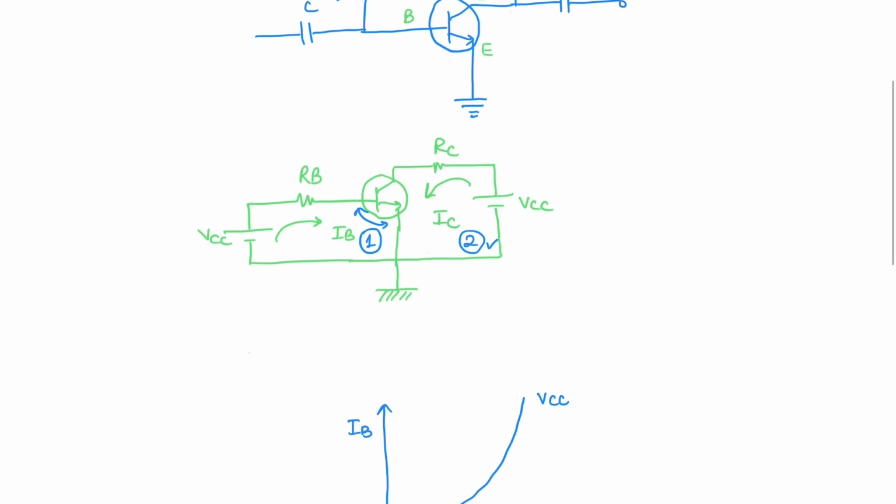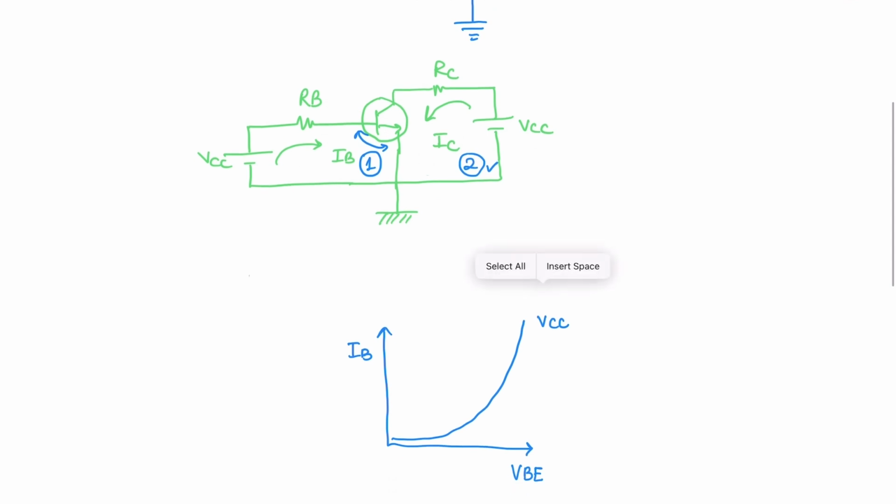If we try to redraw this circuit, it's going to look something like this. Here, the base emitter junction is in forward bias condition, and the transistor operates in active region. And this voltage is called VBE, and this voltage is called VCE.